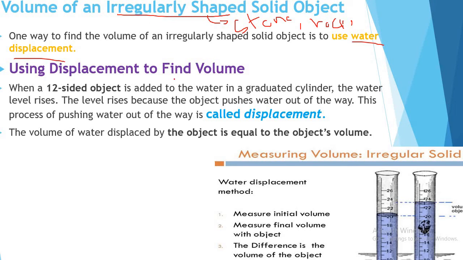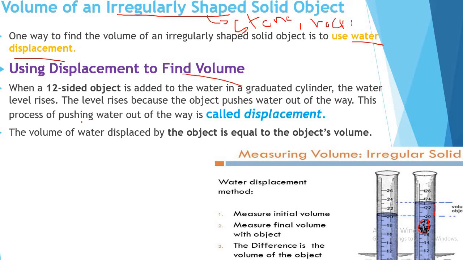Using displacement to find volume. When an irregularly shaped object is added to the water, what happens? The water rises up. The level rises because the object pushed water out of the way.